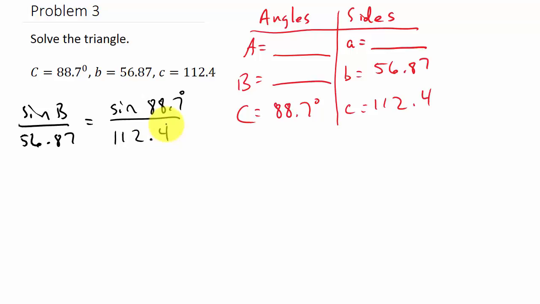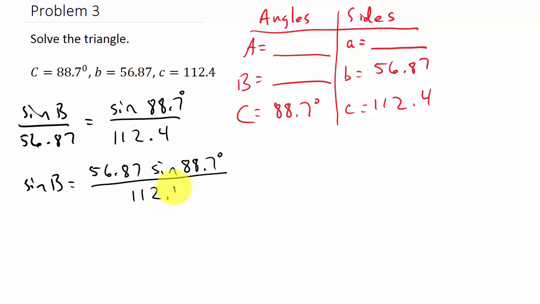Alright, so now let's solve for sine B. So sine B is 56.87 times the sine of 88.7 over 112.4.